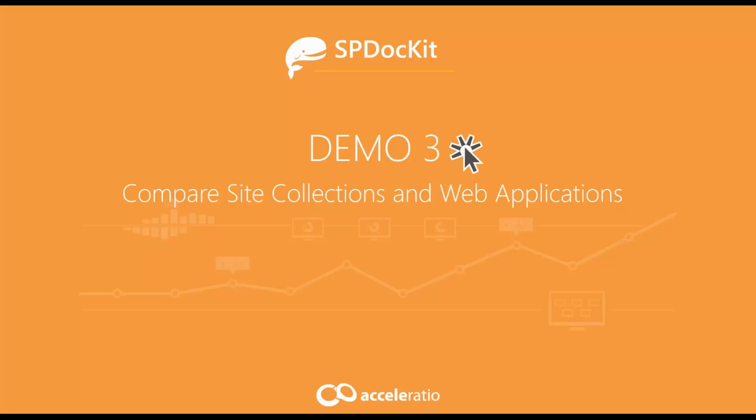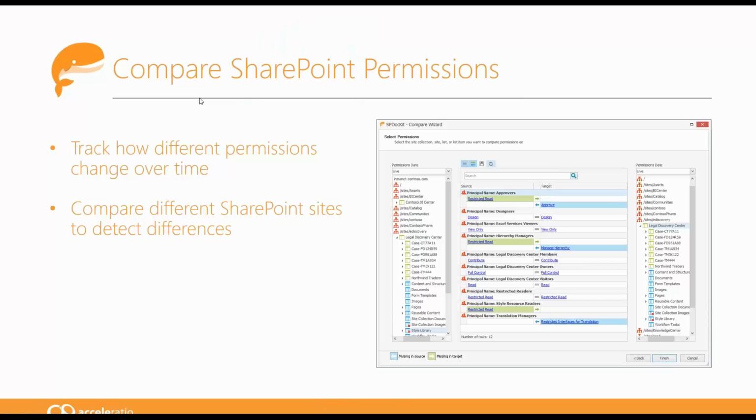Okay, so this was demo number 3. One of the key things that we also want to provide you with our tool is the ability to compare permissions. So when you have snapshots of your farm, we can also create a snapshot of all the permissions, and we can also show you when the permissions change.